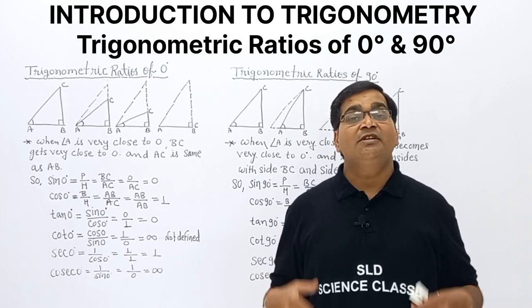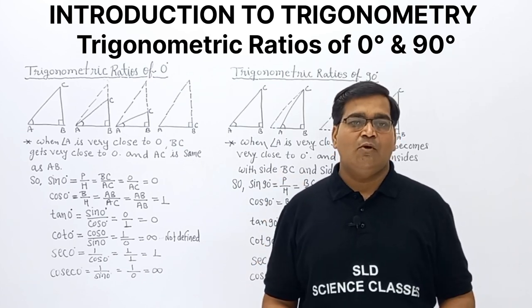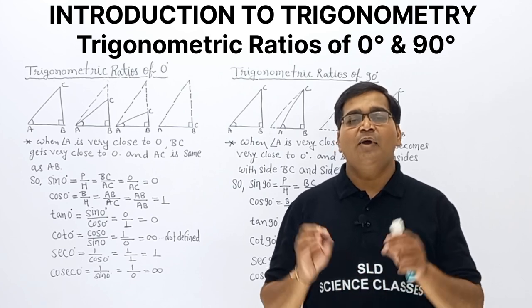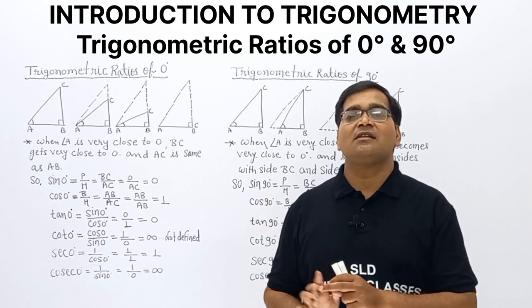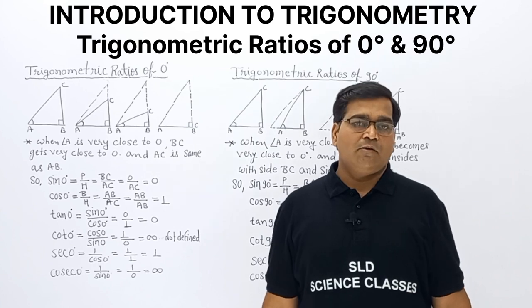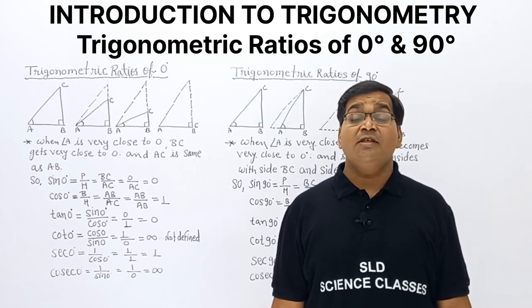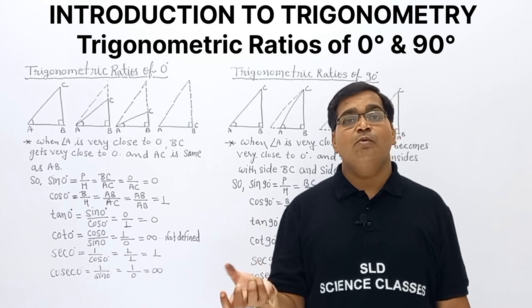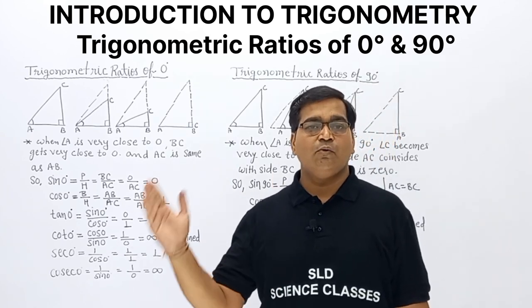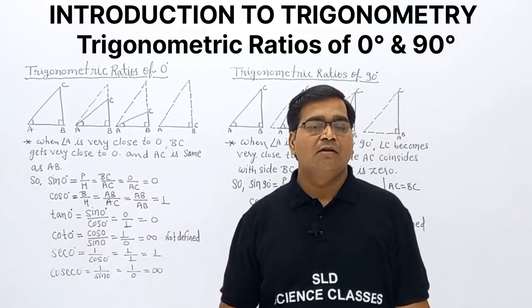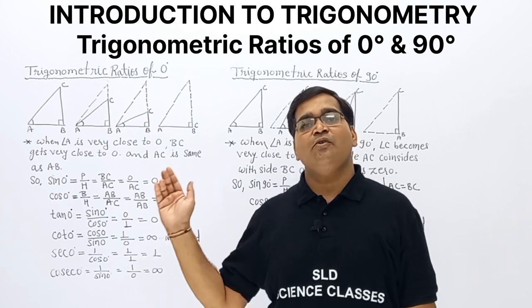We want trigonometric ratios of these two angles. If we have 0 degree and 90 degrees, what will be the values of the trigonometric ratios? We have 6 trigonometric ratios: sin theta, cos theta, tan theta, cot theta, sec theta, and cosec theta.